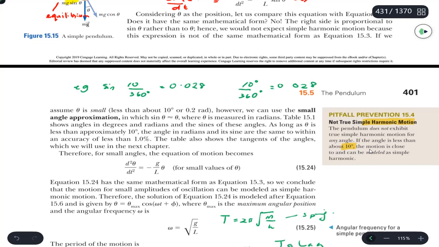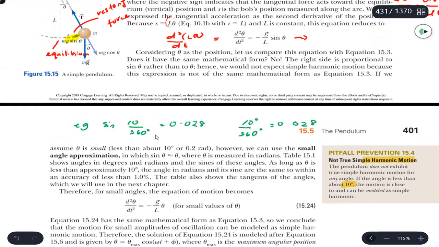If it's bigger than that, it will not exhibit simple harmonic motion, and you cannot use the expression to get the period of the pendulum. Why is it so? Because when you take sine of 10 degrees, it's equivalent to 0.028.